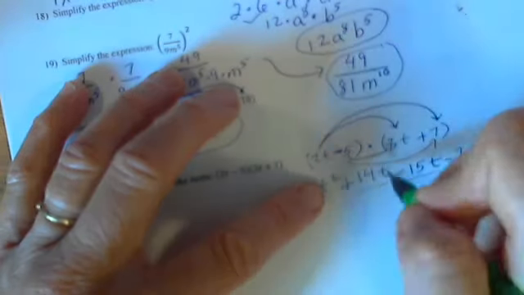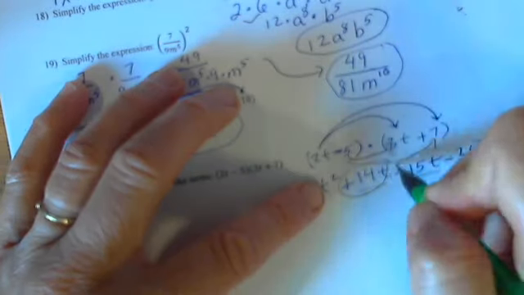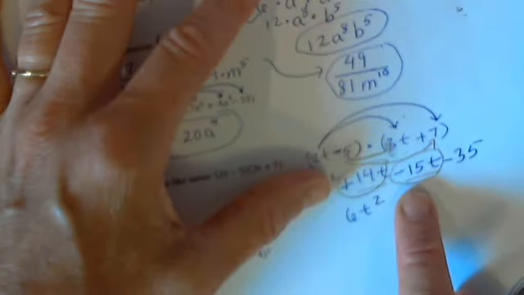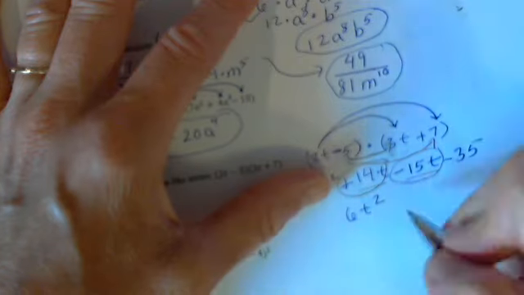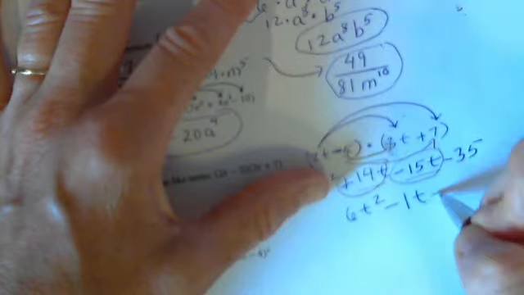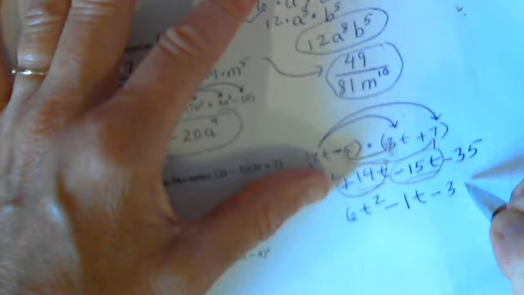But this is a plus 14t, this is a minus 15t, and they can be put together. So I'm going to write down 6t squared, and then add these two together. Positive 14 and negative 15 make negative 1, so I'm going to write minus 1t. Don't forget the t that's on them. And then minus 35. That is one way to do this problem.